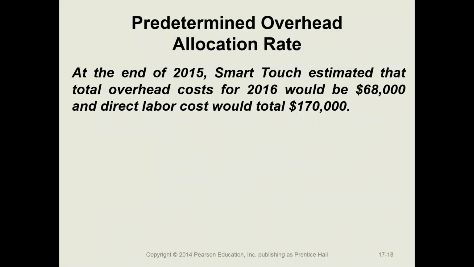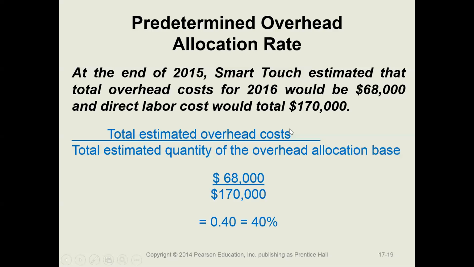Okay, so let's take an example. At the end of the year, Smart Touch, which is a tablet manufacturer, estimated that the total overhead cost would be $68,000 and the total direct labor cost would be $170,000. If we're using direct labor cost as the base in determining the predetermined overhead allocation rate, then your numerator is $68,000 total estimated overhead cost.